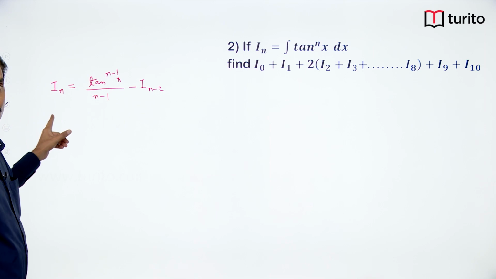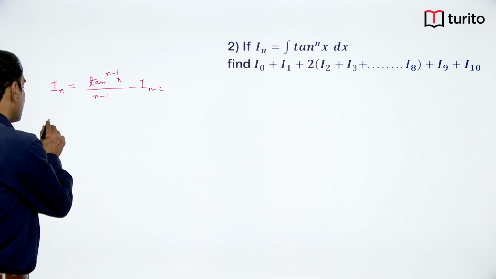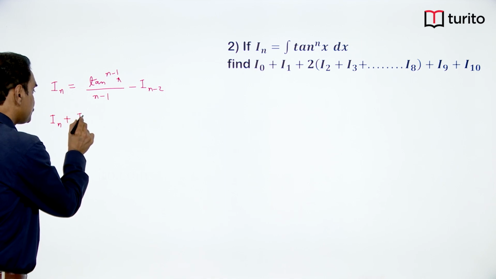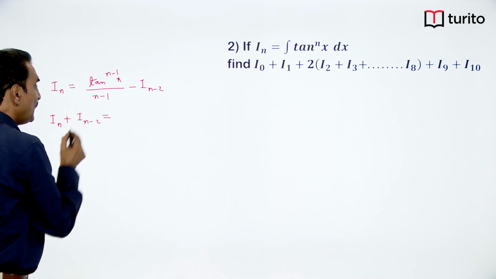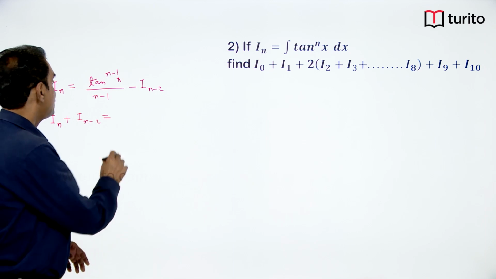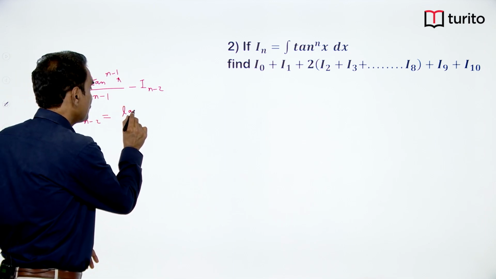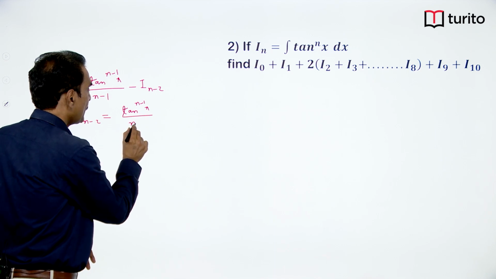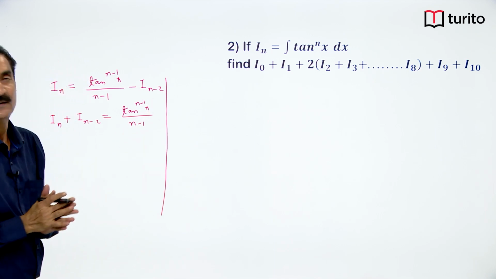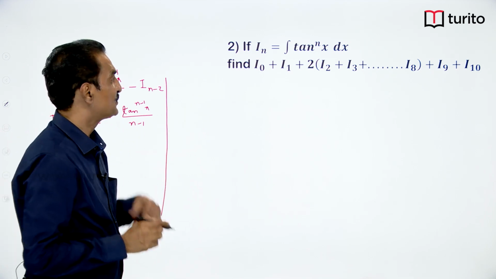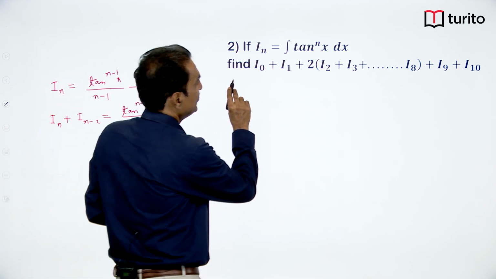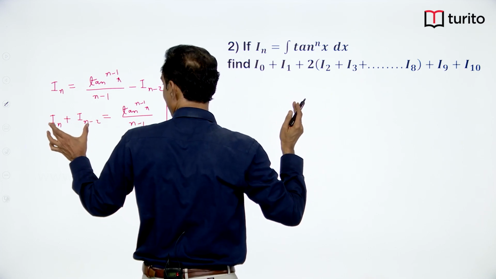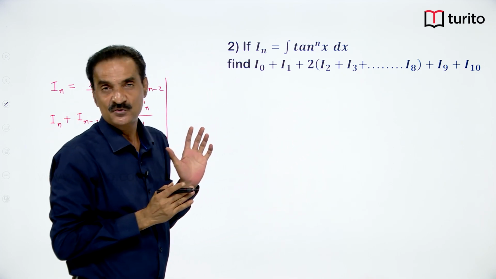Taking In minus 2 to the left hand side, we get In plus In minus 2 is equal to tan power n minus 1 x by n minus 1. Now, let us come to the present question. Let us write this in terms of pairs like In plus In minus 2.